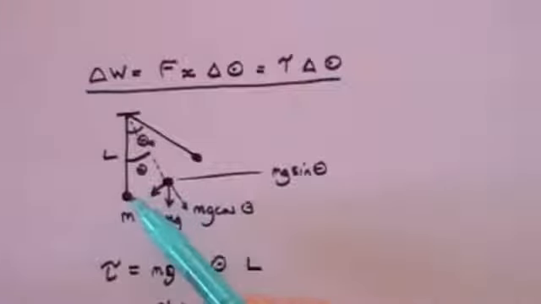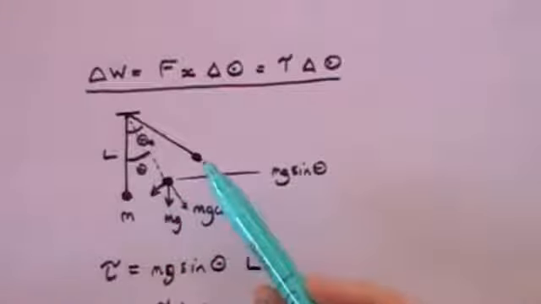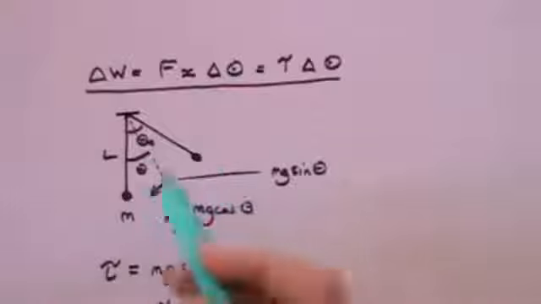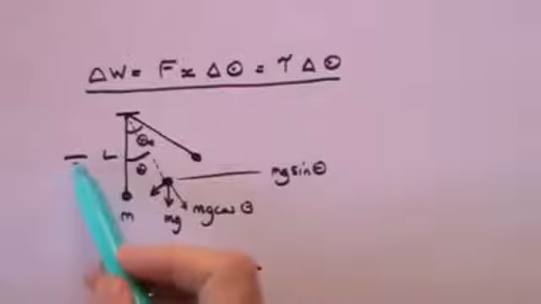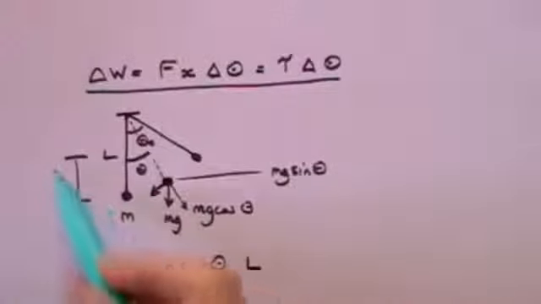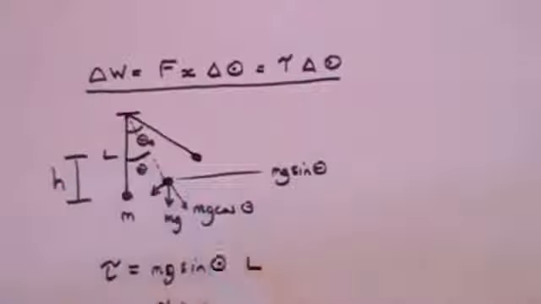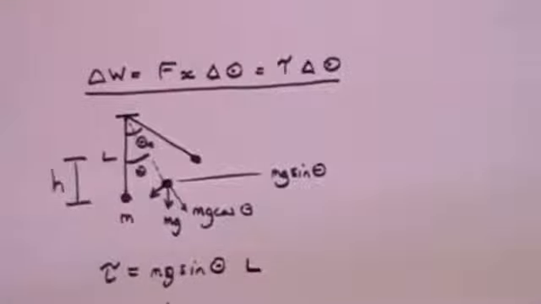But what is the increase in potential energy of this mass now that it has gone up this distance? The distance it's moved up is a distance h. And so you would say that the potential energy is going to be mgh. So let's just write that down.